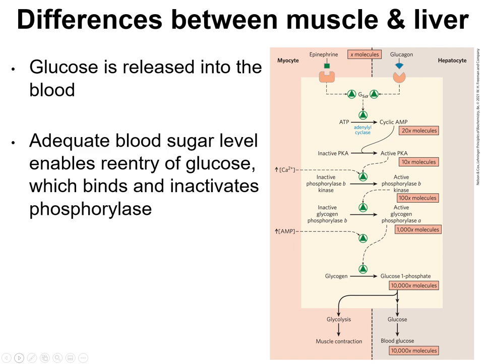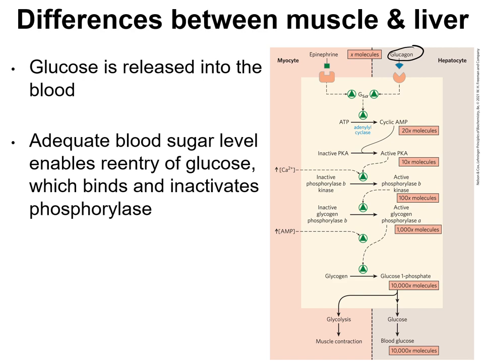Now let's talk about the liver. In the liver, instead of epinephrine, we're talking about glucagon. Glucose is gone. We need to increase the blood glucose level. Glucagon binds. We have the same cascade. There's no calcium involved here. That's in the muscle.